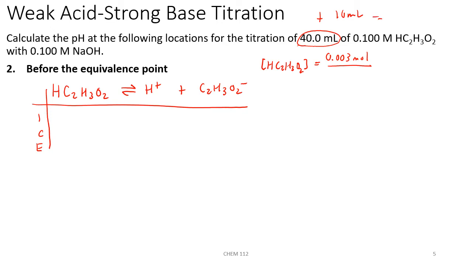So our total volume at this point is 50 milliliters of acid and base in our flask. So we're going to divide by 0.05 liters. That gives us a concentration of our weak acid initially being 0.06 molar. So we can plug that in to our initial line for our acetic acid.